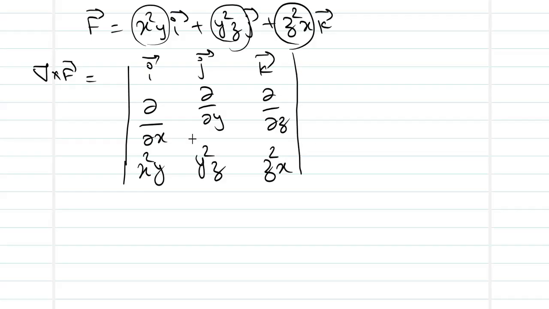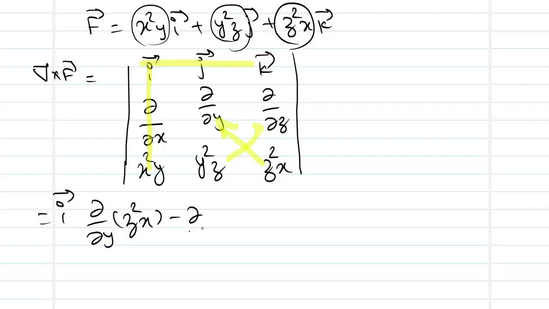So now we will have to find the 3 cross 3 determinant. So it is i, close your vertical row and your vertical column. So what will happen? Cross multiply these two quantities. So I will have this as dou by dou y of z square x minus dou by dou z of y square z.